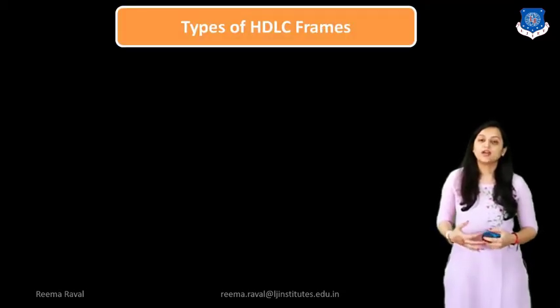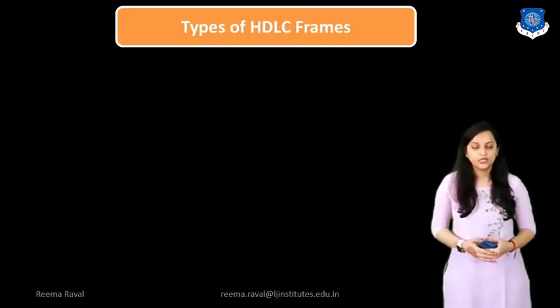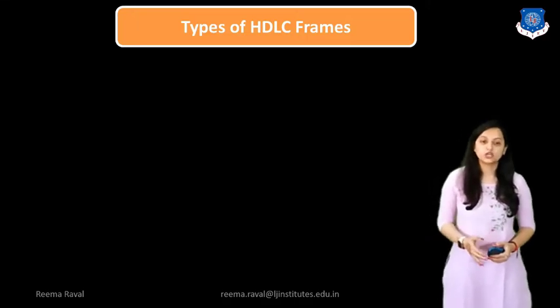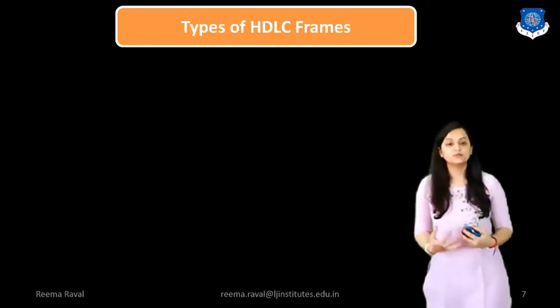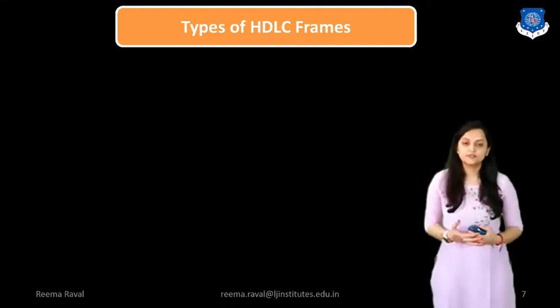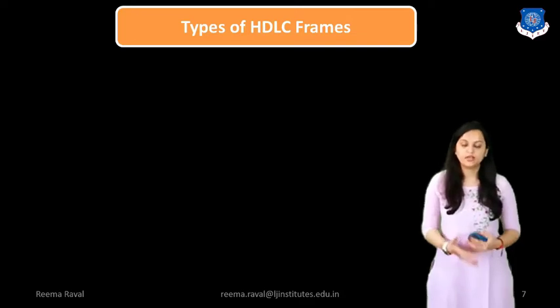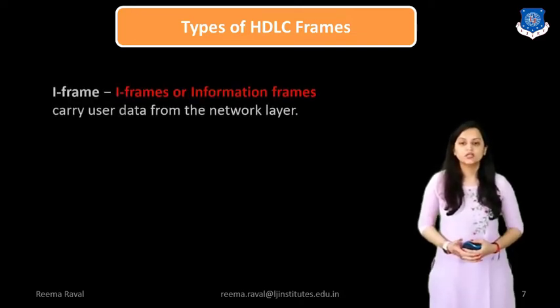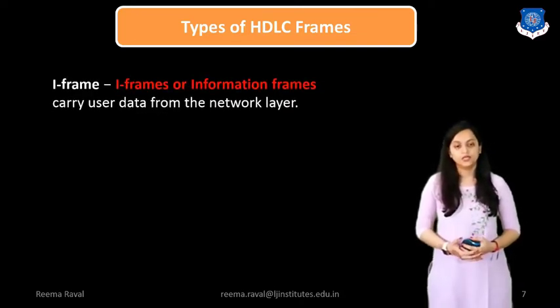Now, the next one is the types of HDLC frames. We have seen the HDLC frame structure, but what are the types of HDLC frames? There are different types of HDLC frames, basically 3 types that we are going to see. The first one is the I-frame.